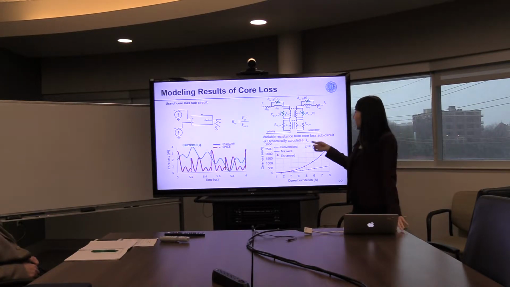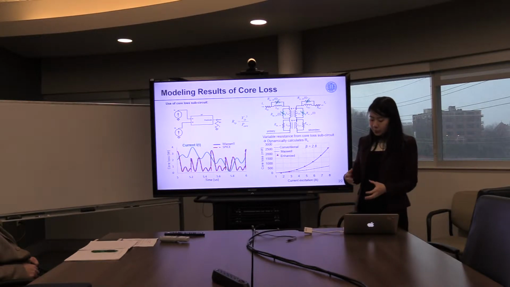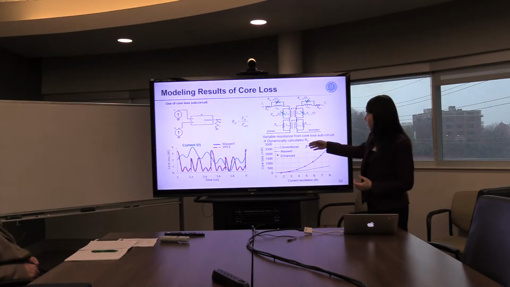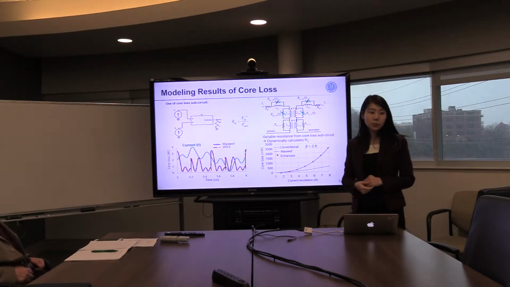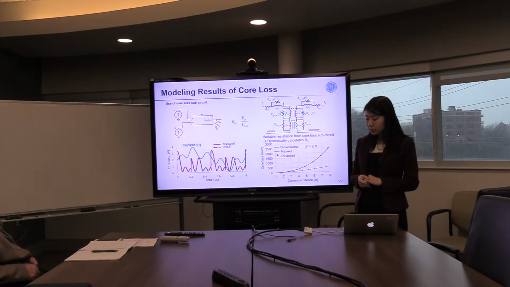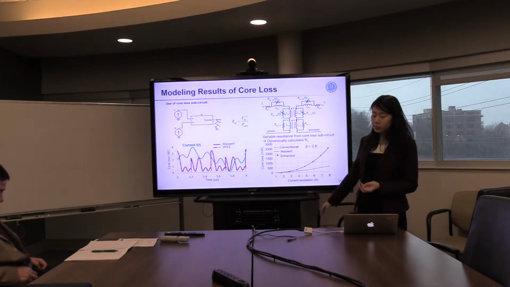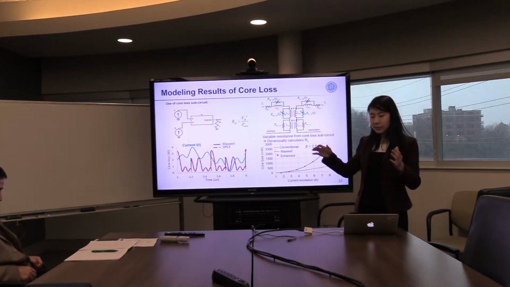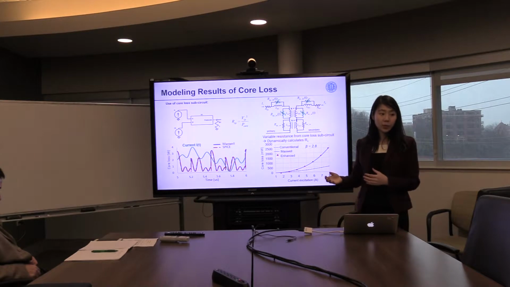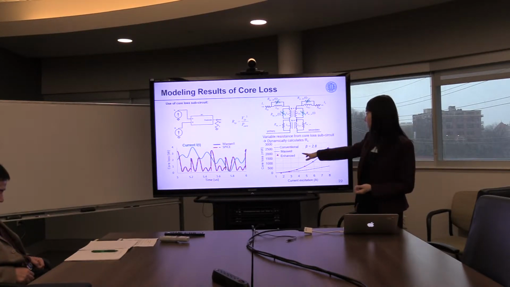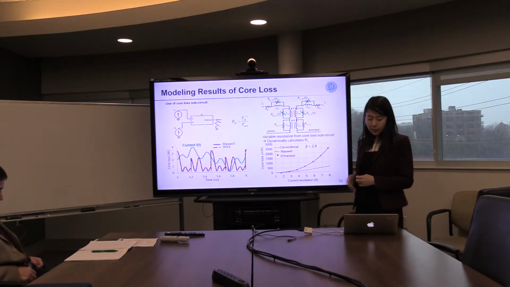Right. Maxwell uses a time domain core loss model, and we use the same model but implement it in a circuit solver. That's why we are trying to compare with Maxwell. The benefit of using Maxwell's model is that Maxwell has the field distribution information, and together with this core loss model, it gives us the time domain core loss.